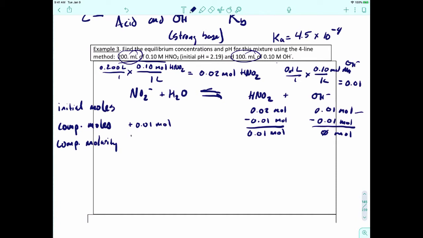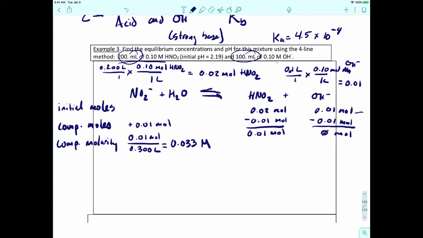So if we take the concentration of NO2 minus, which is 0.01 moles, and divide it by 0.300 liters, since we have 300 milliliters, so 0.3 liters, 0.01 divided by 3 is going to give us 0.033 molar.